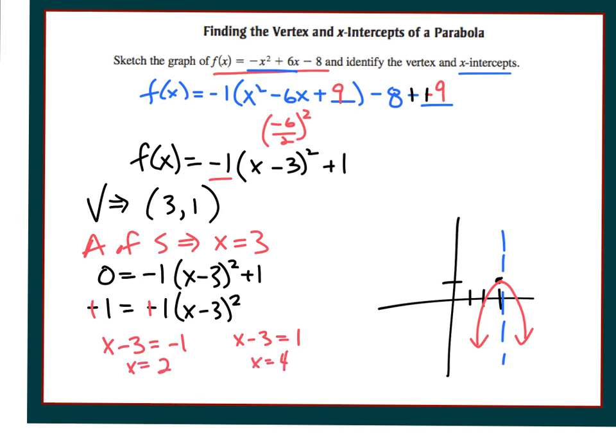And I leave it just like that. No. Okay, I don't leave it like that. Because they're x-intercepts. So what would be the ordered pair? 2, 0, and 4, 0. Doesn't that make a whole lot of sense when you look at this little graph? Does it not look like it's going to cross at 2, 0, and it's going to cross at 4, 0?